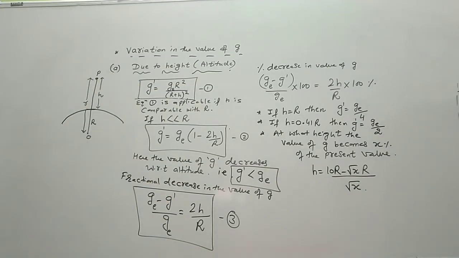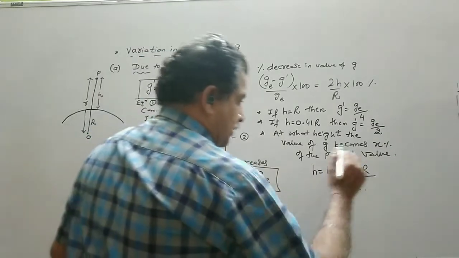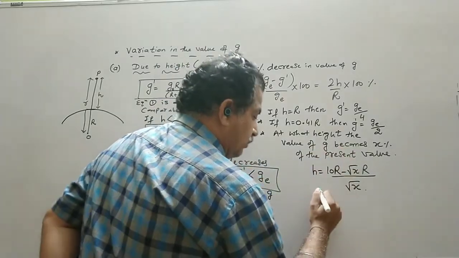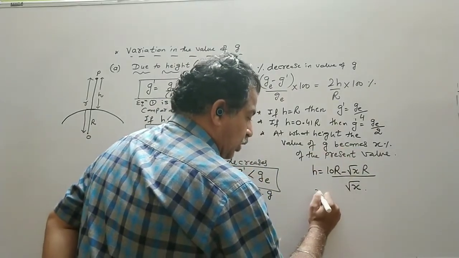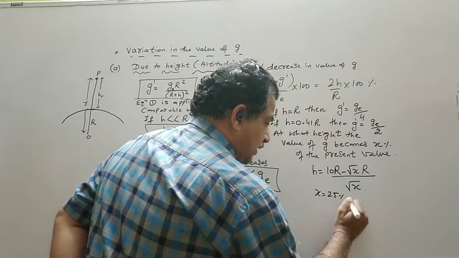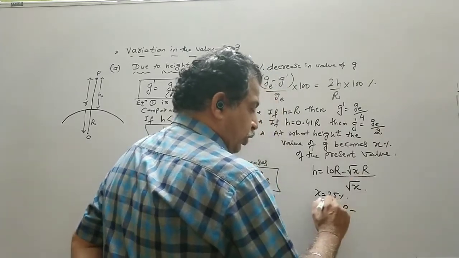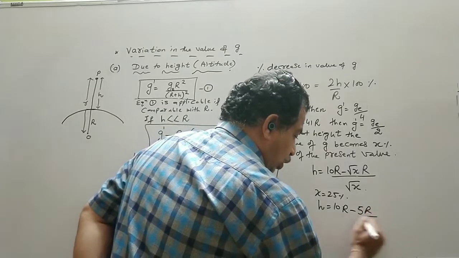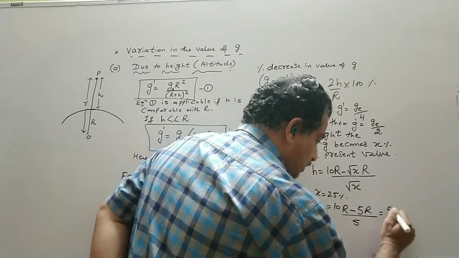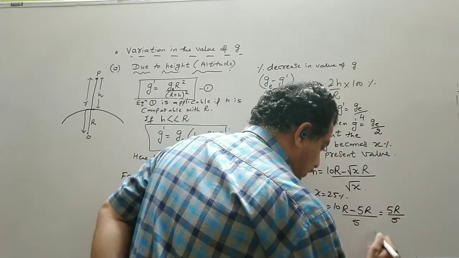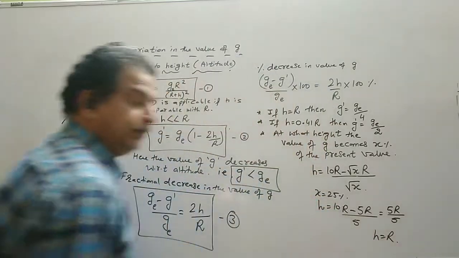So here we can write 25%. So at what height does the value of G become 25%? So x is equal to 25%. So here h is equal to (10r minus root 25 r), that is 5r upon 5. So h is equal to r.